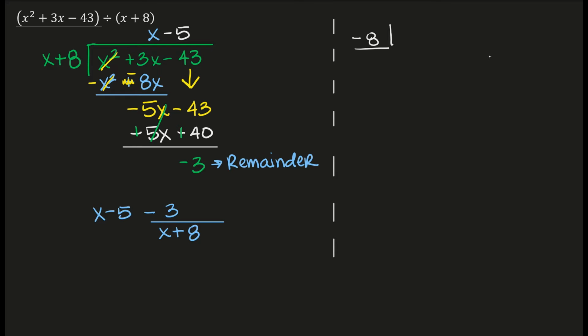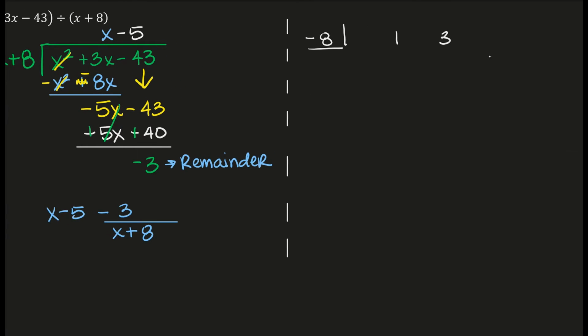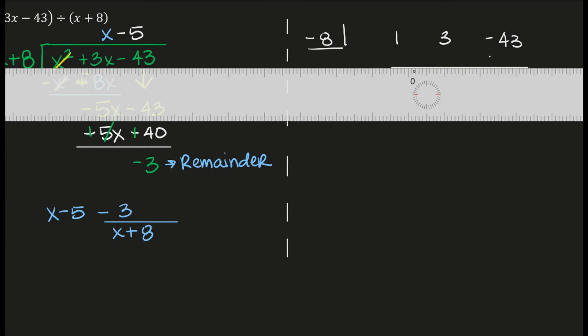So I'm going to use x squared plus 3x minus 43. I'm only going to use the coefficients. So 1, positive 3, and negative 43. And what I'll do is I'll draw a little line here.